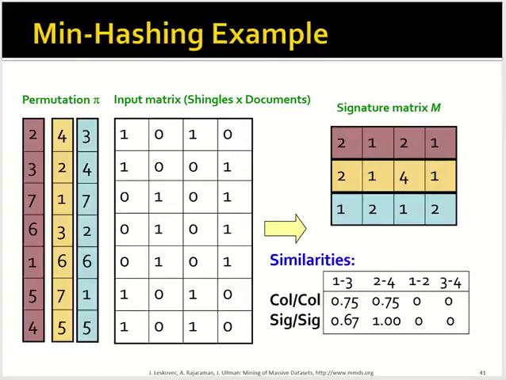Okay, with this property, we go back to this example to calculate the similarity between the different columns and the different signatures.